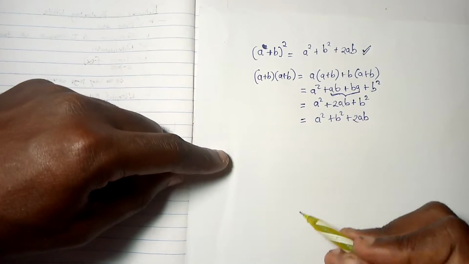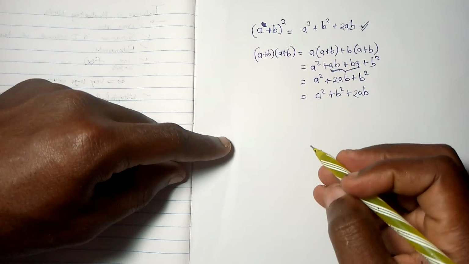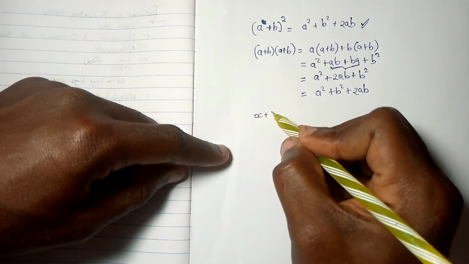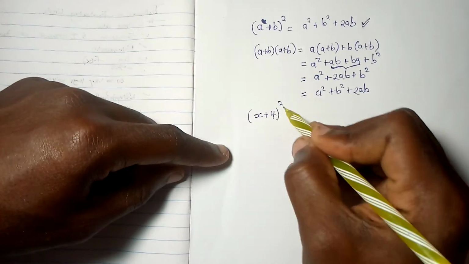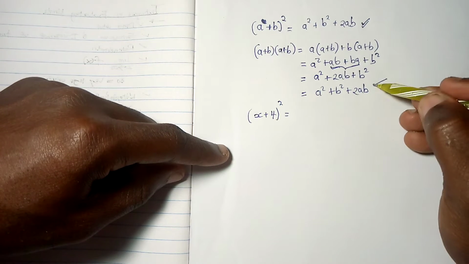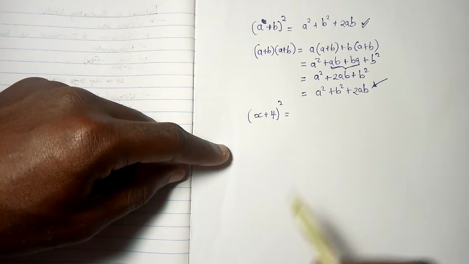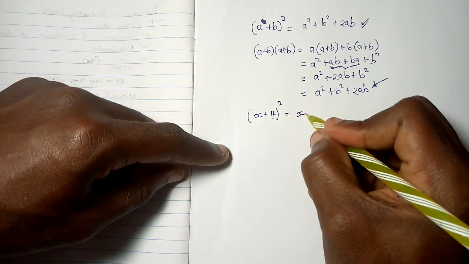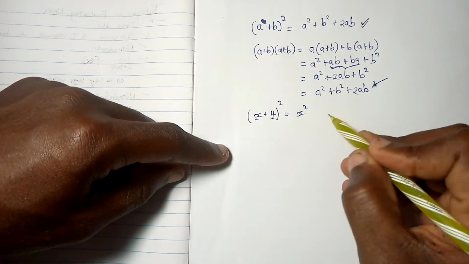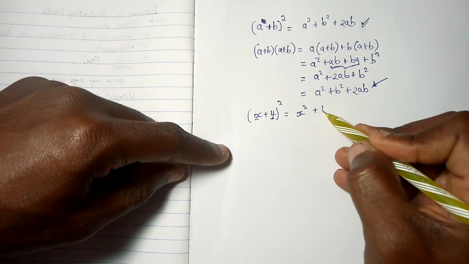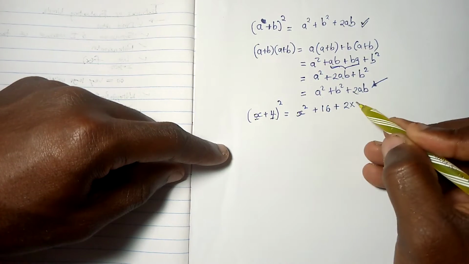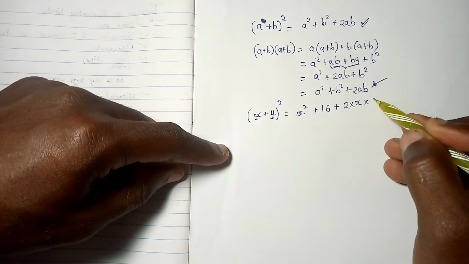So an example is if you are given a question and you are told to evaluate x plus 4 squared. You can just directly use the identity that we've derived. So it's going to be x squared plus b squared, where this is the a and this is the b, so plus 16, plus 2ab, so plus 2 times x times 4.